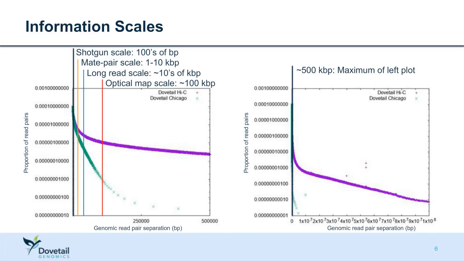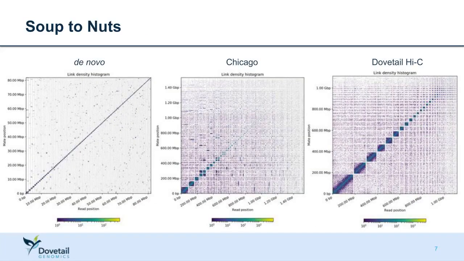But on the Dovetail Hi-C, we continue to see a kind of flat all the way to the right, so we still can get information beyond 500 kb, which is why we're showing you the plot on the right. So in this case, the scale is much bigger, up to 100 megabases. So you can see that the characteristics of Hi-C actually go all the way, even up to 100 megabases.